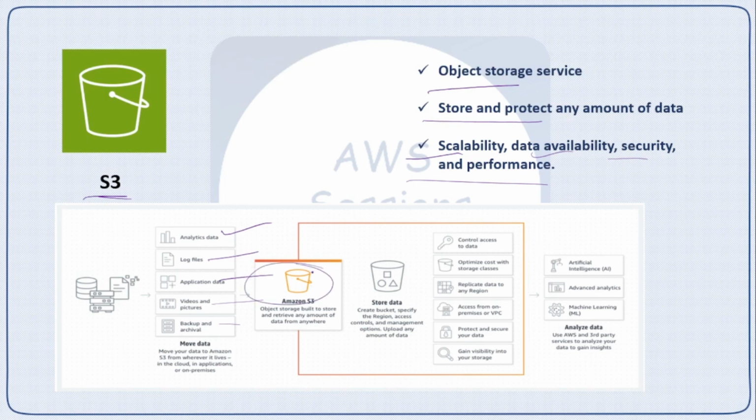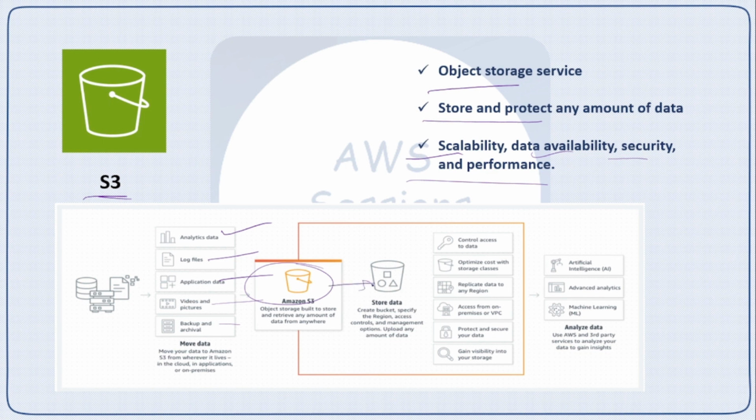You can store data in S3. But just one point to highlight, the bucket names are global. So if you are trying to create a bucket with the name test, and if that name is already taken across AWS globally, then you will not be able to create it. So bucket names are global, that you need to consider.